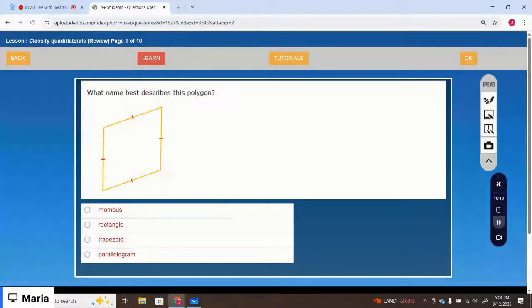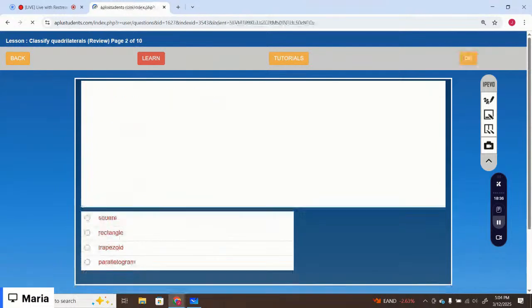What name best describes the polygon? That is the rhombus. Option number one is the correct option. What name best describes this polygon?